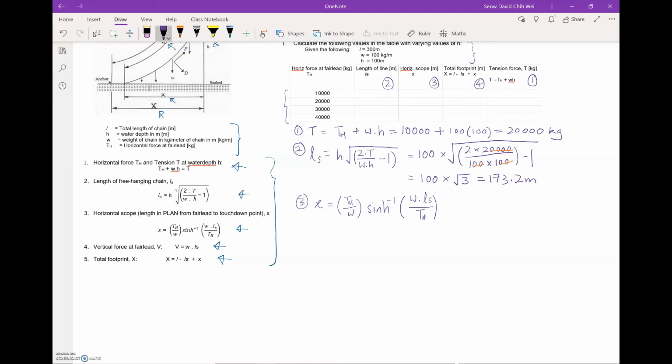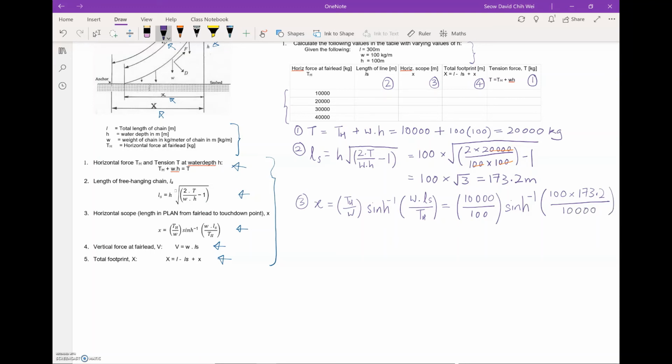If we substitute all the values into this equation, we have TH, 10,000, divided by W, which is 100, times the inverse hyperbolic sine function of W, 100, times LS, which in this case is 173.2 meters, divided by TH, which is 10,000.